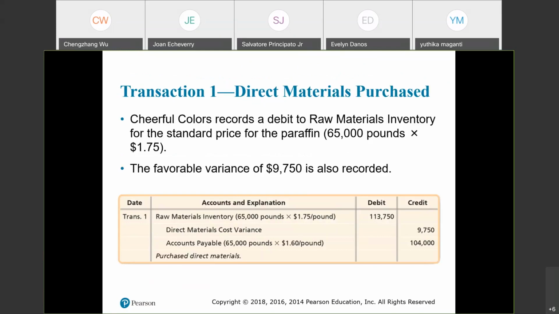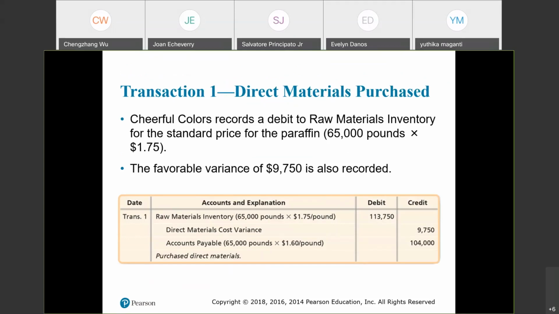In financial accounting class, the actual cost of, for example, direct material purchases is recorded.